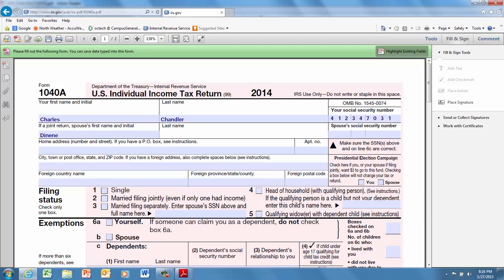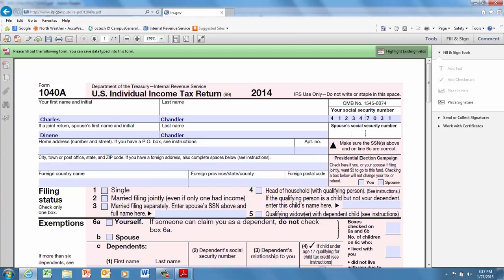If she has a hyphenated last name, and it's on her Social Security card that way, that's what you should be typing here. Okay? Now, she is Chandler on her Social Security card, and I could do one of two things. We can go ahead and type this in, or we could leave it blank, and it will be assumed that it's the same as Charles.